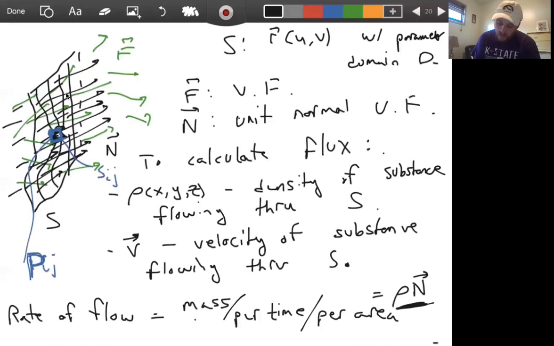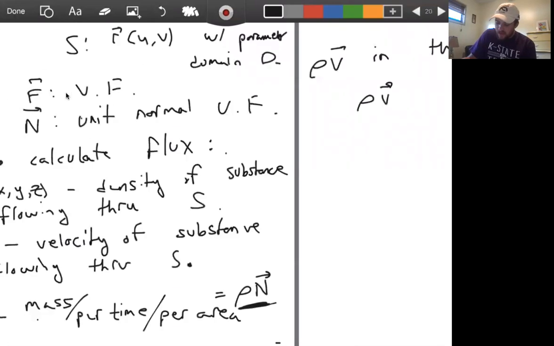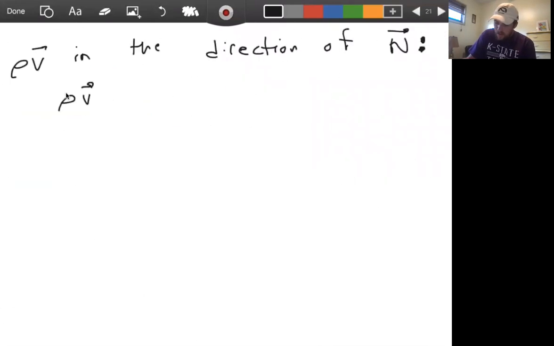Because we need to understand what is flowing through this surface perpendicularly, right? Because anything flowing through this surface, to understand flux, we need to know what this is in the direction of the normal vector n. And so we can obtain this by taking the dot product. So understanding the material flowing in the direction of n is just given by taking the dot product.